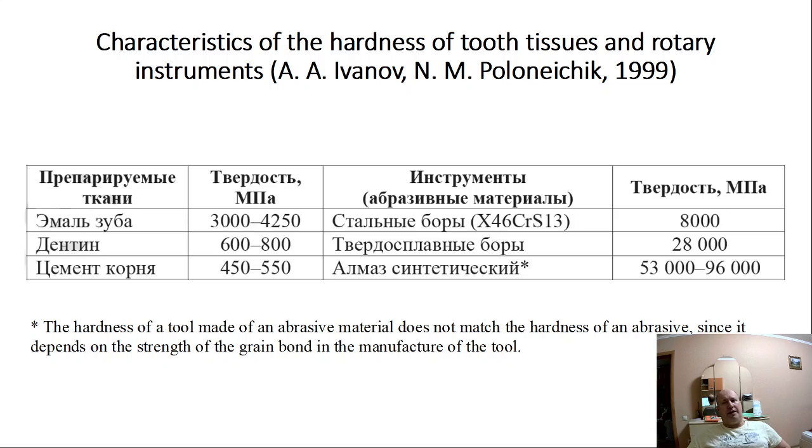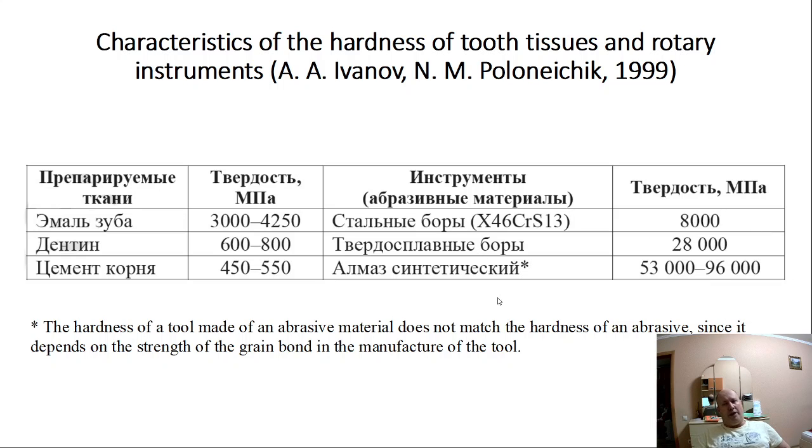And you see that different parts of the tooth have different rigidity. Enamel, dentine, and cementum have different types of rigidity and durability, and also different instruments you have to use.